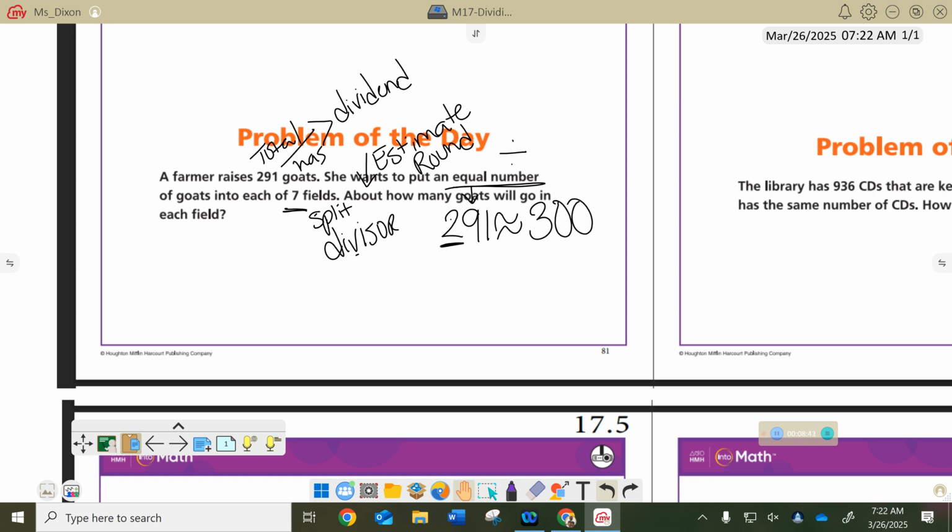Everything else behind it becomes a 0. 7 we can say is about 10, because it is higher than 5. So our rounded or estimated answer would be 300 divided by 10.